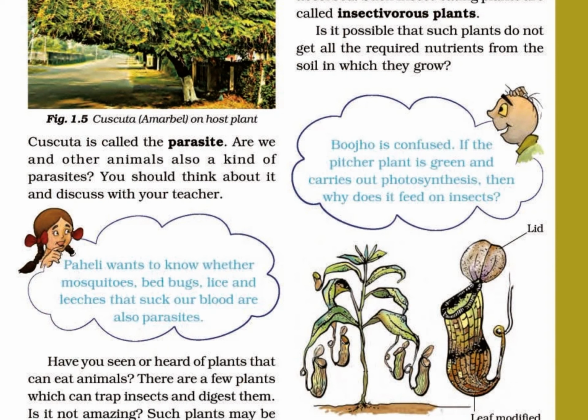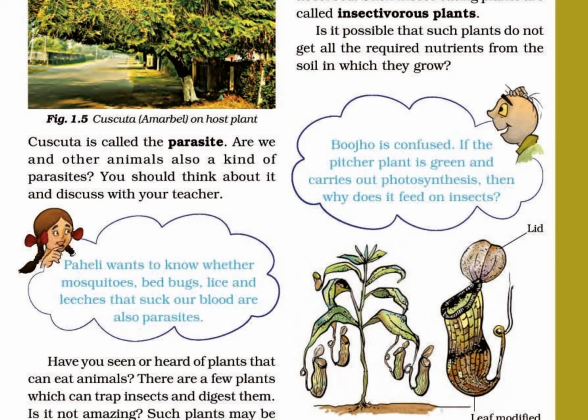Let me give a logical answer as per my understanding. The pitcher plant is green. It has chlorophyll, and it can carry out photosynthesis. But it does not get sufficient nutrients, which can help the plant to grow. Sometimes plants do not get sufficient nutrients and they die.